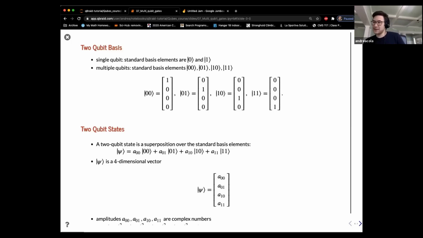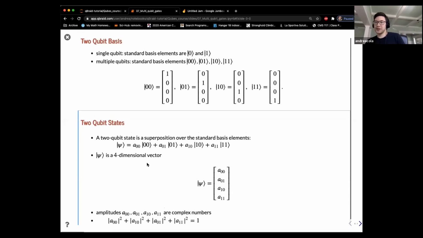So a state of 2 qubits formally is a superposition over the 4 standard basis elements, and it's specified by 4 amplitudes, right? One for each possible basis element. So in general, a state of 2 qubits takes the form A00 times ket 00, plus A01 times ket 01, plus A10 times ket 10, plus A11 times ket 11, as you can see here.